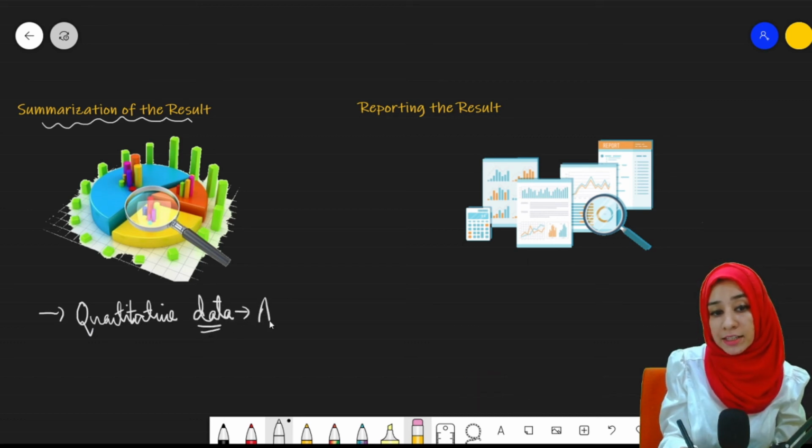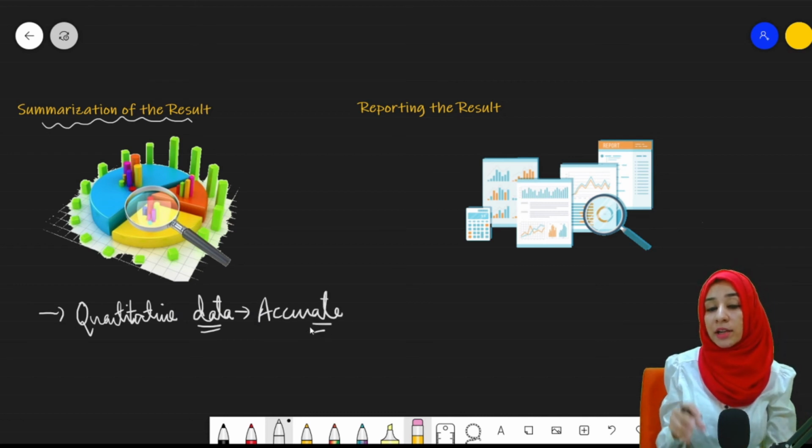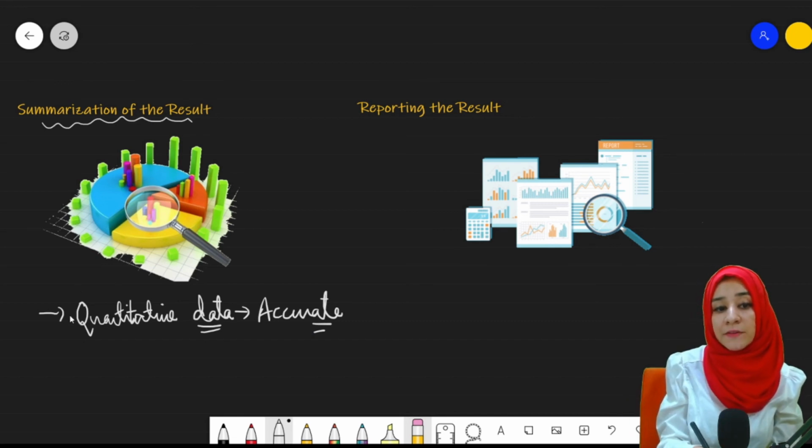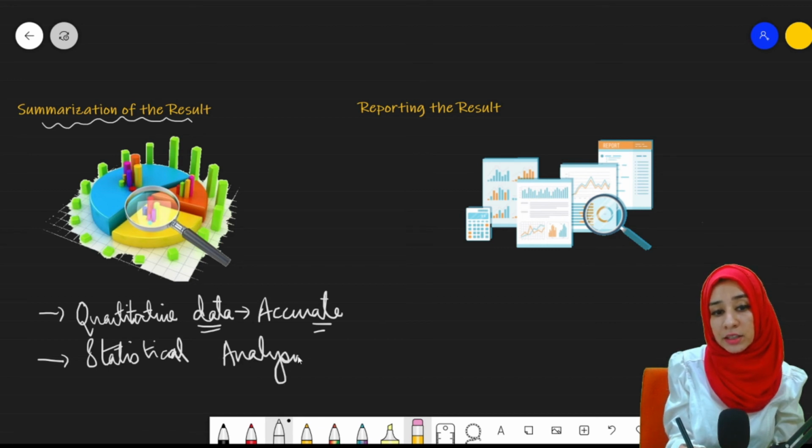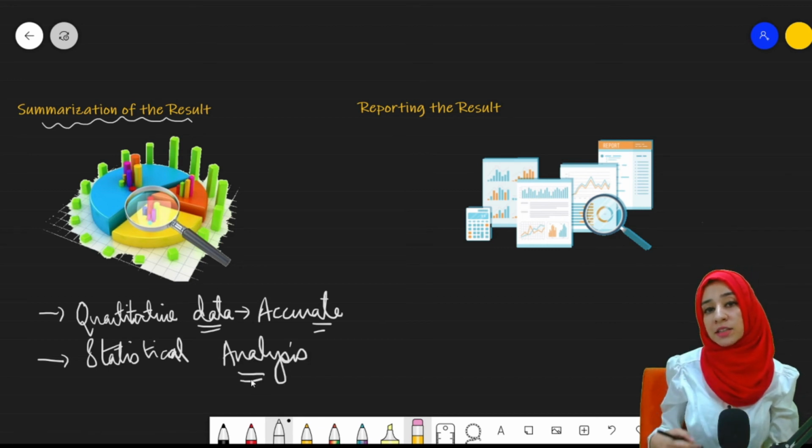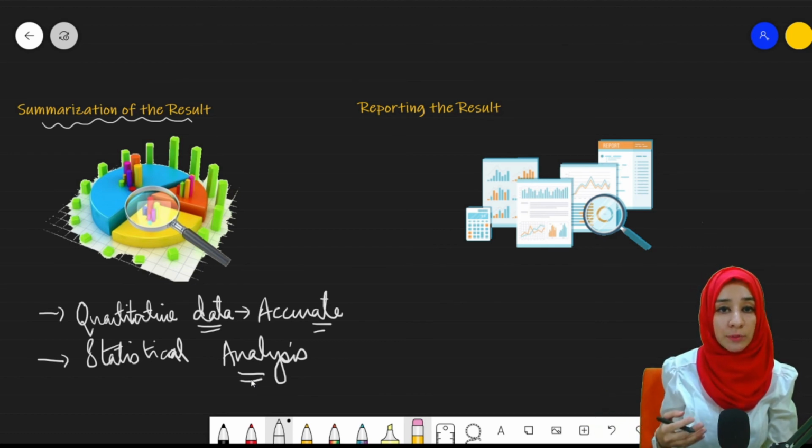Because it is the most accurate. Quantitative data will be collected and then it will be averaged and compared with the different results. And after comparison, there will be a statistical analysis that will tell us whether the experiments have proven the hypothesis wrong or rejected the hypothesis.